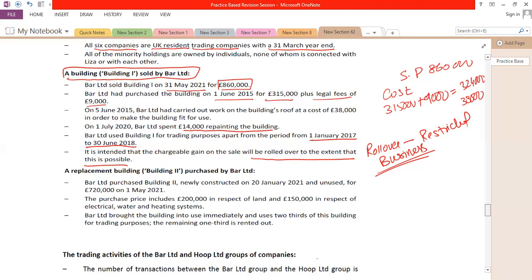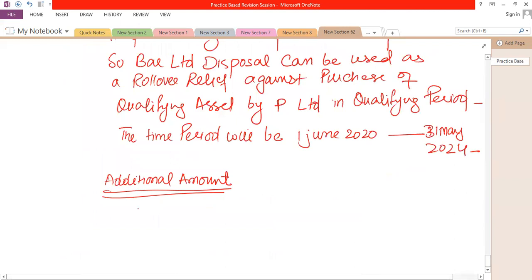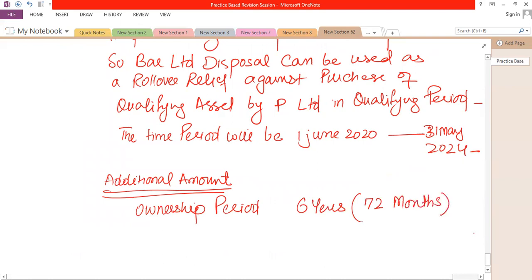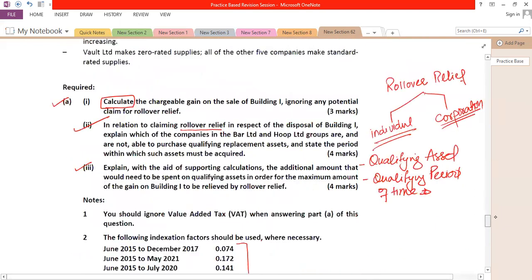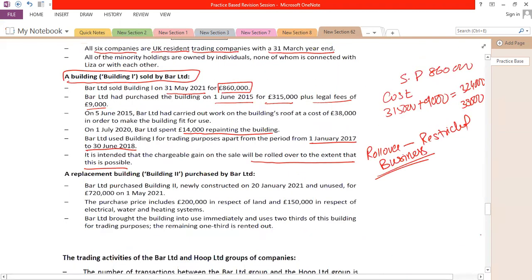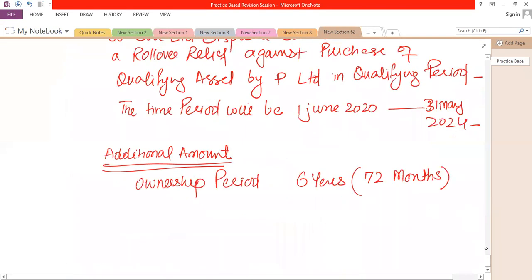June, July, August, September, October, November, December, it's 7 months. 5 months in 2021 becomes 12, 1 year complete, and with 5 years that is 6 years. So the ownership period is 6 years, and 6 years means 72 months. And the non-trade period we have been given is from 1st Jan 2017 to 30th June, which is 18 months.